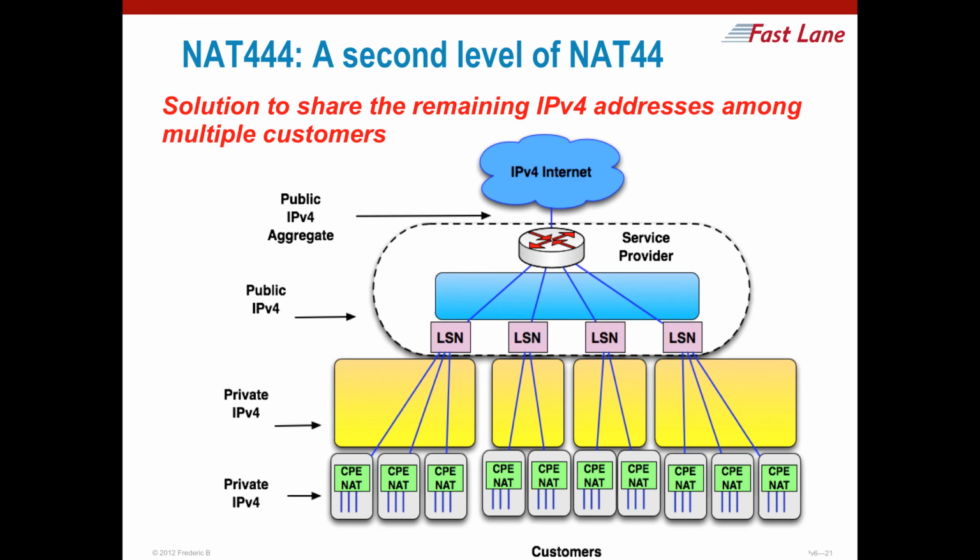Another protocol to save IPv4 addresses is double NAT, or NAT444. The idea is that the CPE is no longer translating a private address to a public address, but a private to a private, and then it is only at the service provider that the private address is translated to a public address.